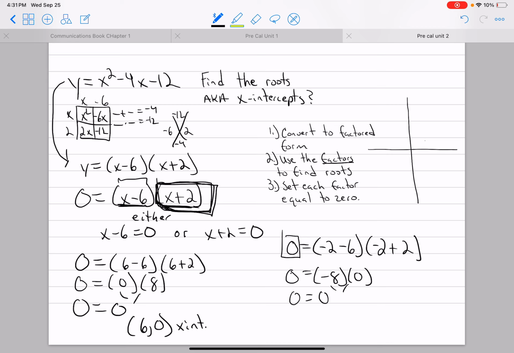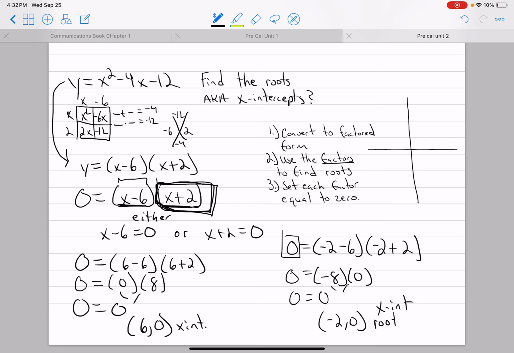So what is my other x-intercept? Well, what did we plug in for x when x was negative 2? Y equals 0. That's my other root. That's my other x-intercept. So I just found the two roots. Each of these factors corresponds with a root.